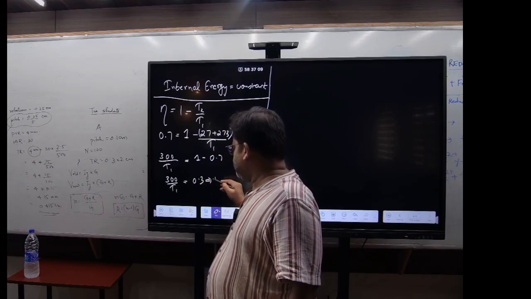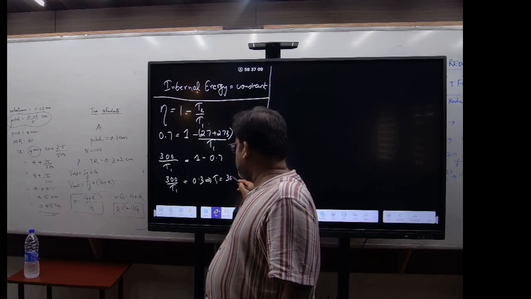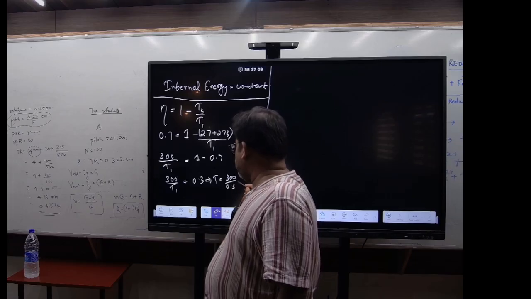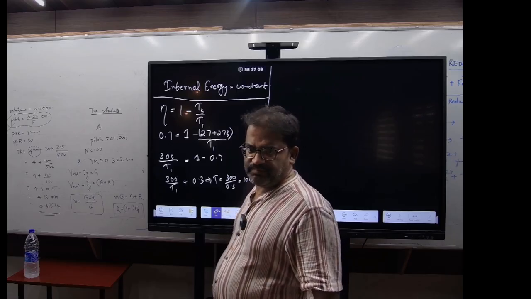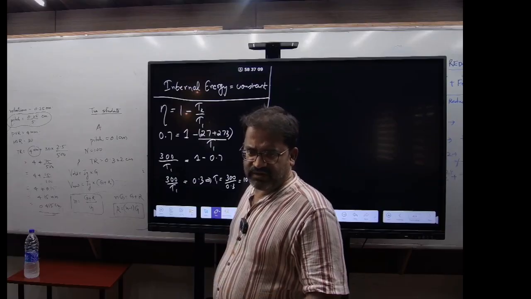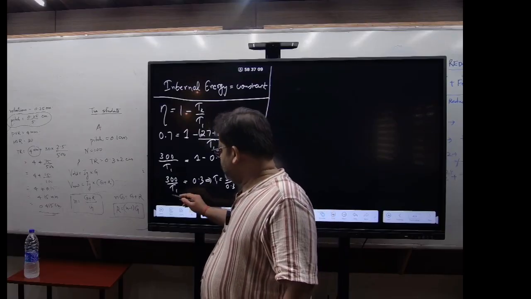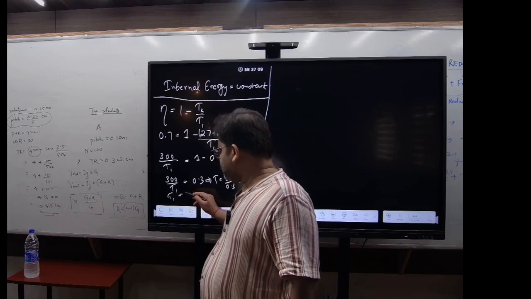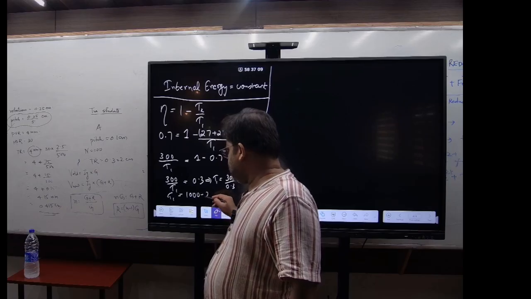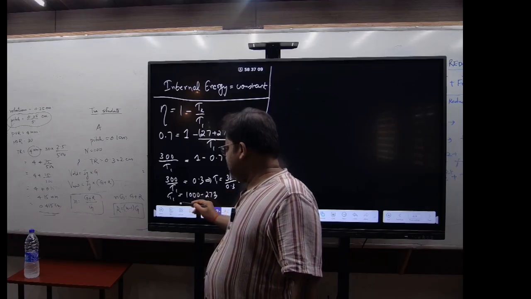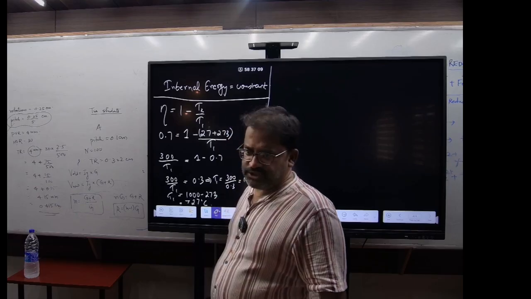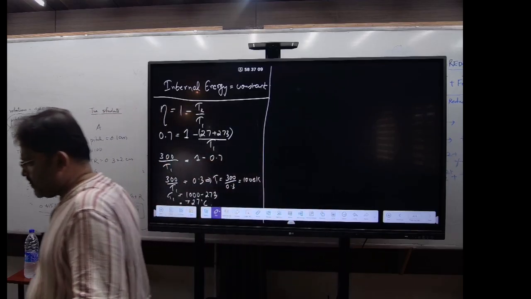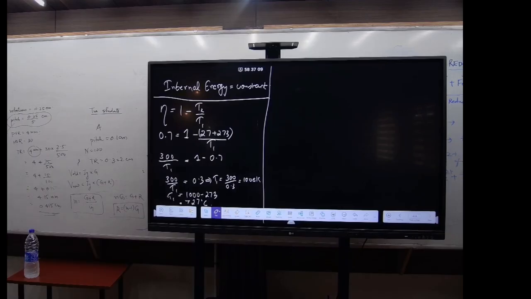That implies T1 is equal to 300 divided by 0.3, that is equal to 1000 Kelvin. But we need to convert that in terms of degree Celsius. So what we will do? We have to subtract 273 from 1000. The final answer that you are going to get will be 727 degree Celsius. So the right option is option 3. Verified. I may be wrong.